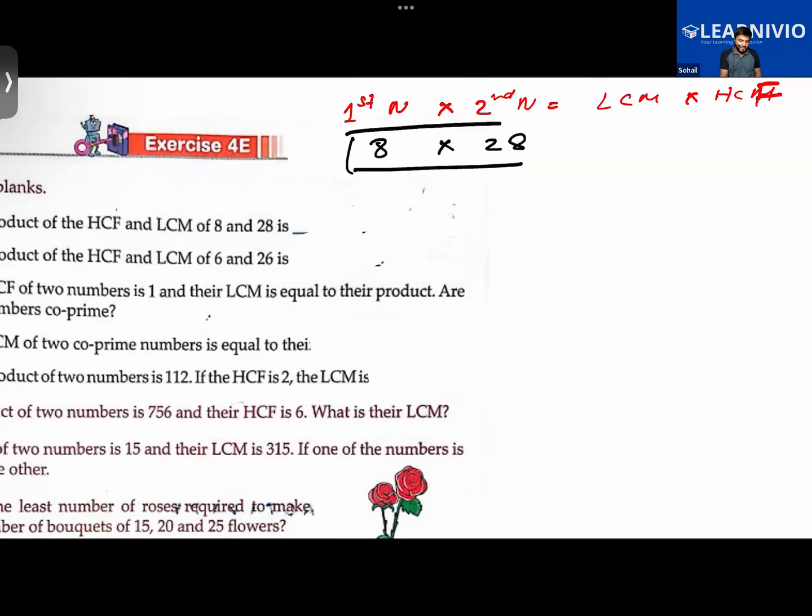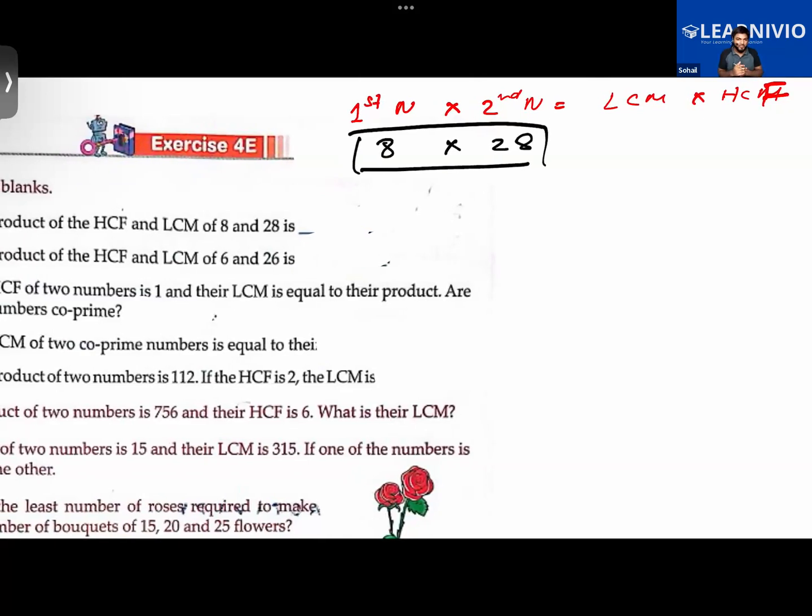See, when I say product of 8 and 28, product means 8 multiplied with 28. Product of LCM and HCF means LCM multiplied with HCF. What does product of LCM and HCF mean? Repeat what I just said.